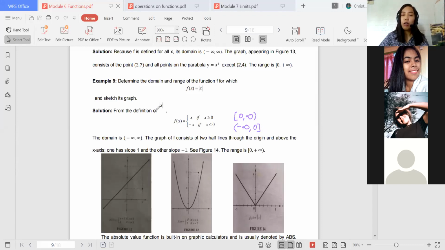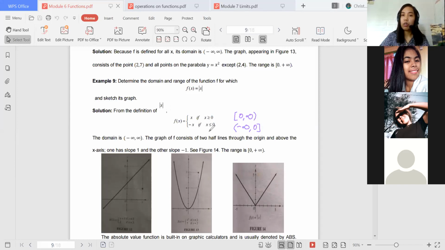So for the absolute value function, the domain of the first one is greater than or equal to 0, ito yung part na yan, yung right side ng absolute value function. And the other one, ito yun, kasi ang value ni x less than or equal to 0.